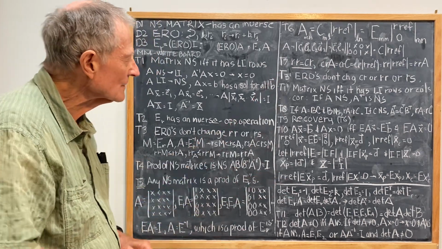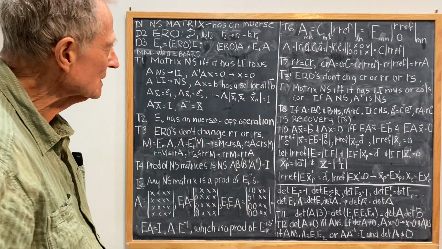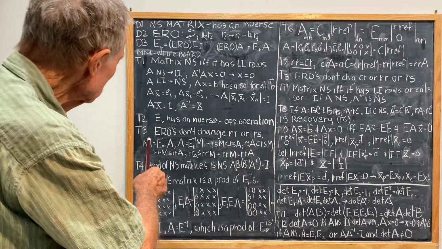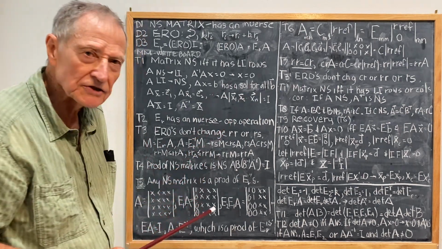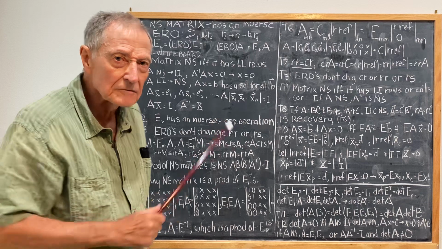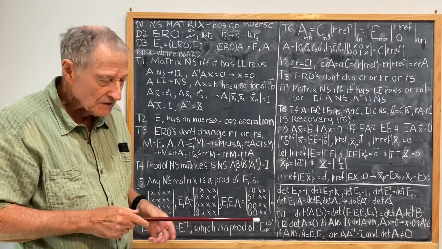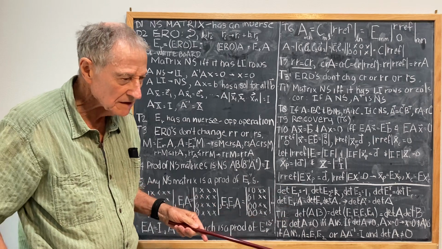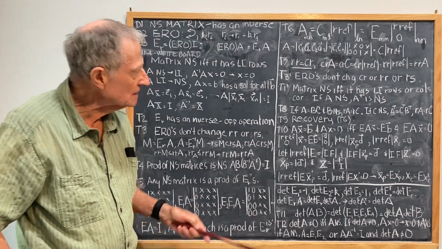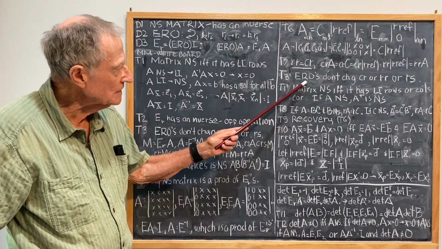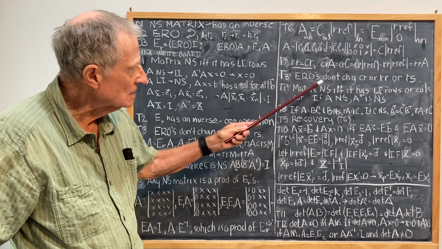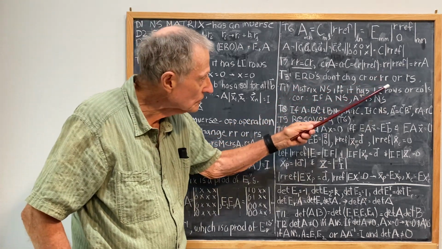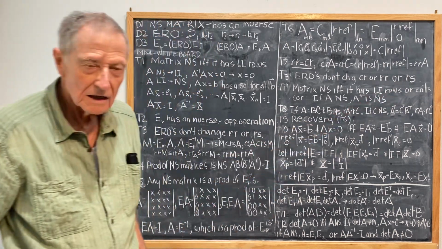T3 prime: now because row rank is equal to column rank, T3 said that an elementary row operation doesn't change the row rank, but the row rank is equal to the column rank, so therefore elementary row operations don't change column rank or row rank or the row space.